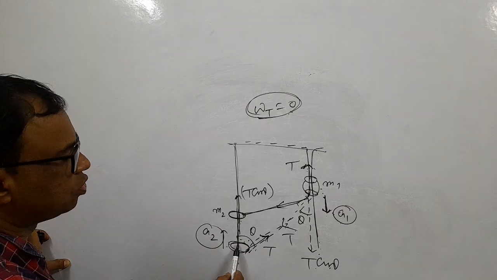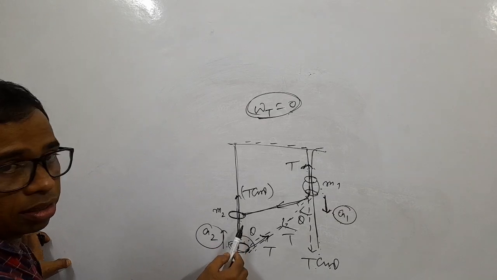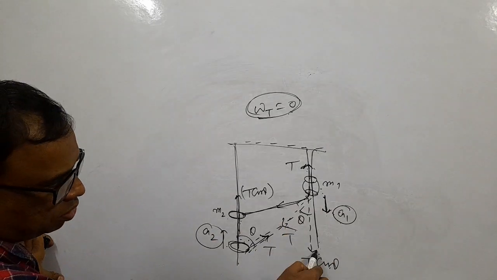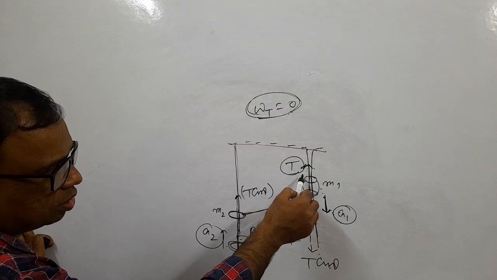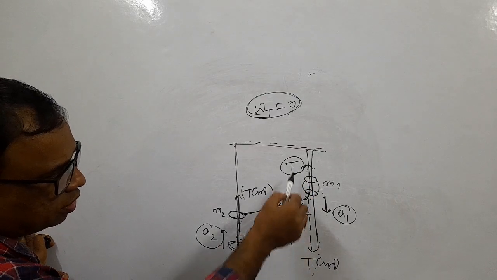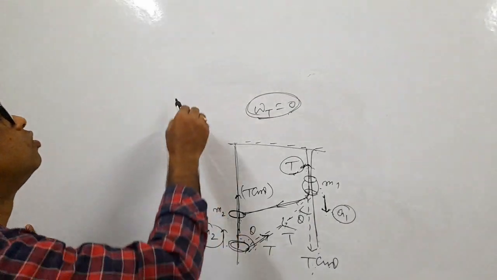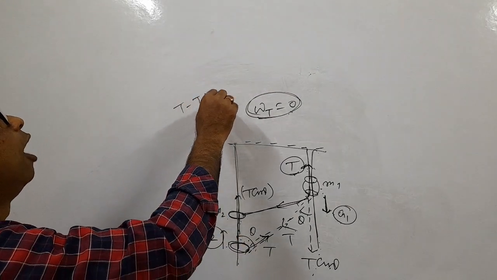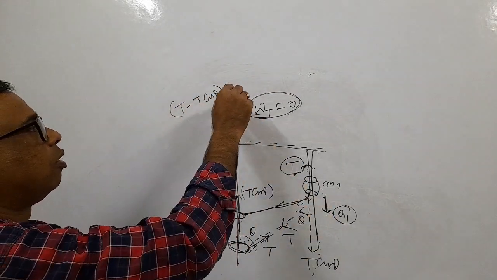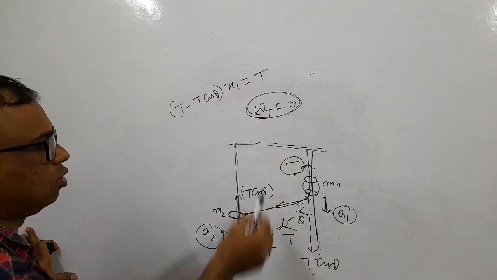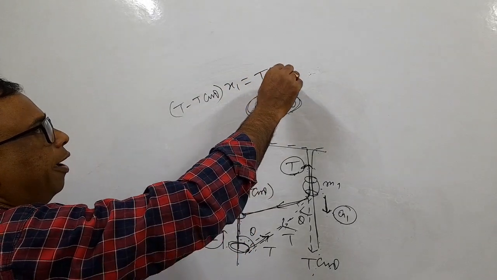So easily you can find the relations when you apply this theorem, because this body moves up, so T cos theta does work by the force. This body moves down, so due to this force, T is greater than T cos theta, so work is done against the tension. So (T minus T cos theta) into x1 equals T cos theta into x2.